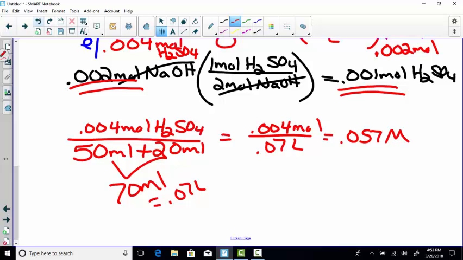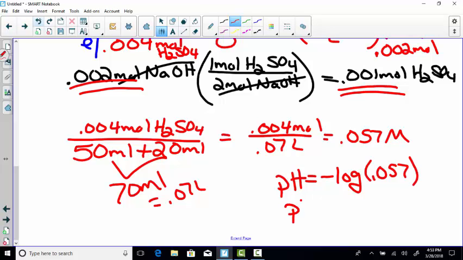And then from that, I can now calculate my pH. So my pH is going to be minus the log of 0.057. So my pH comes out to be 1.24. Okay? So, at 20 milliliters added, I get a pH of 1.24.